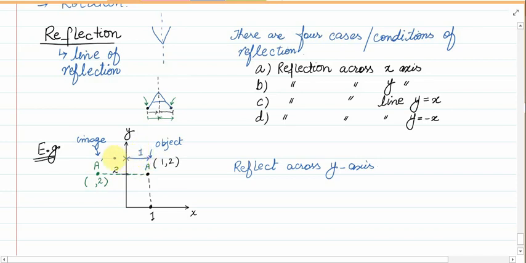That means the distance to the image is also 1 unit. So its point is -1. Why -1? Because we are on the negative x-axis, right? So that is a very basic and easy example to understand the concept of reflection, right?